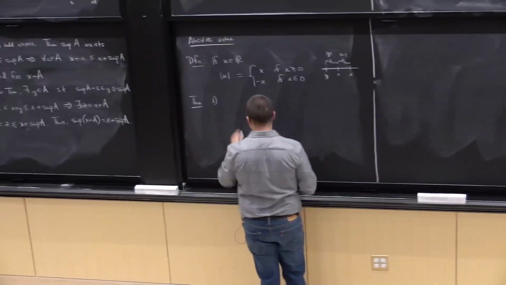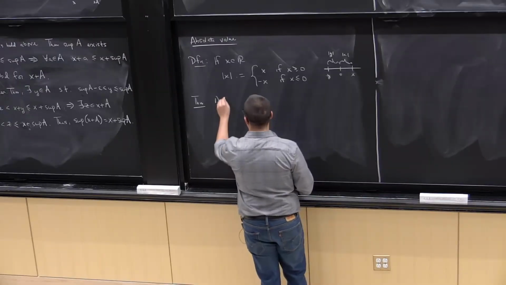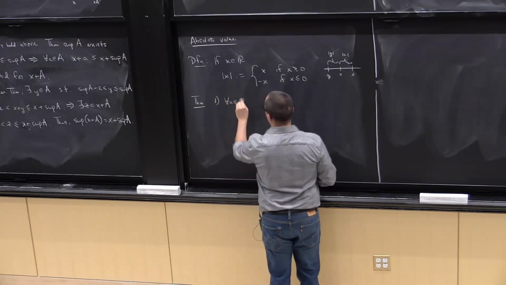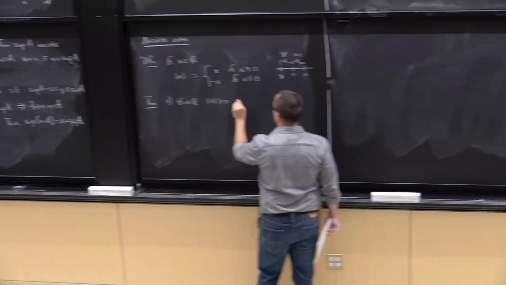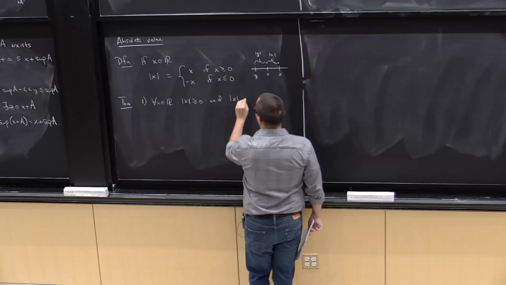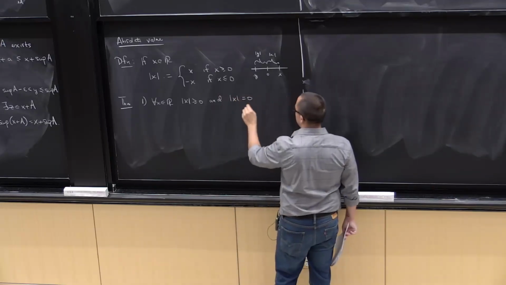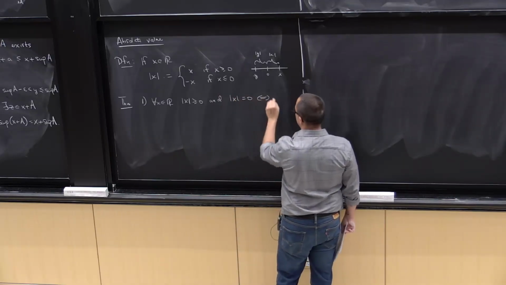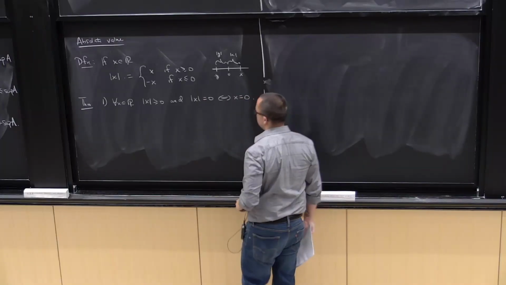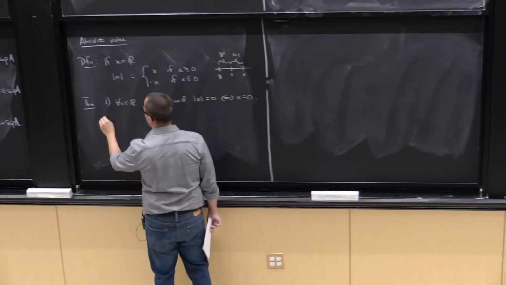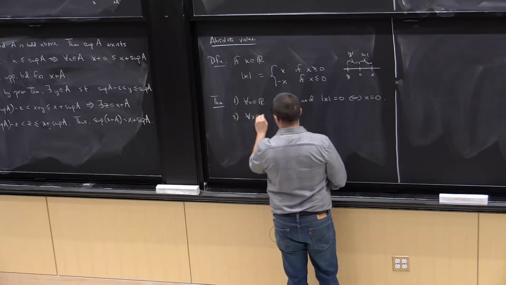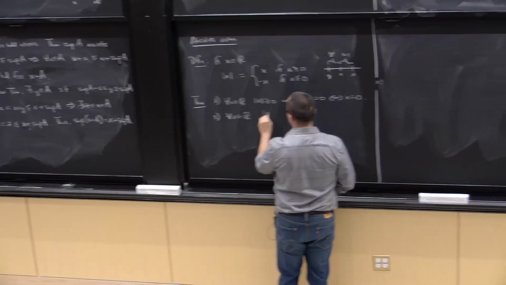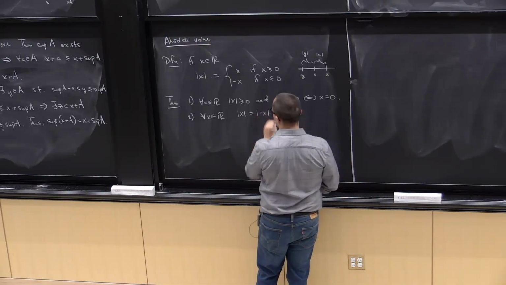So the first statement is for all x in R, the absolute value of x is bigger than or equal to 0, and the absolute value equals 0 if and only if x equals 0. Okay? The second property is that for all x in R, the absolute value of x equals the absolute value of minus x.